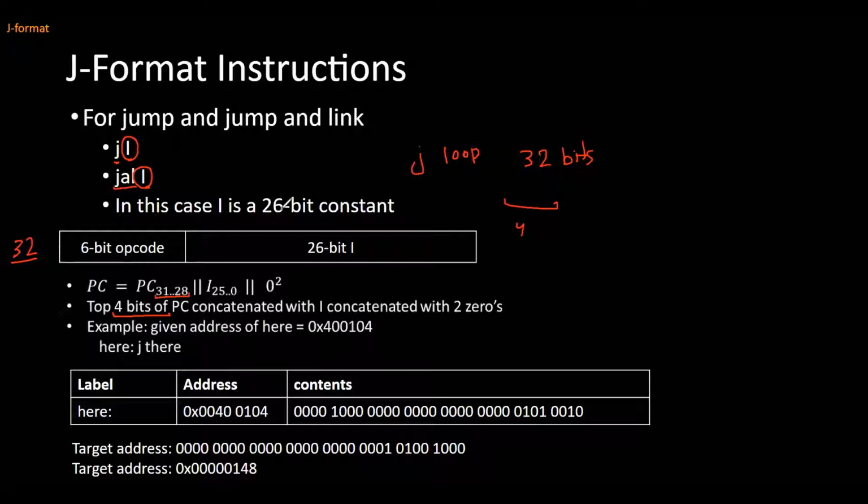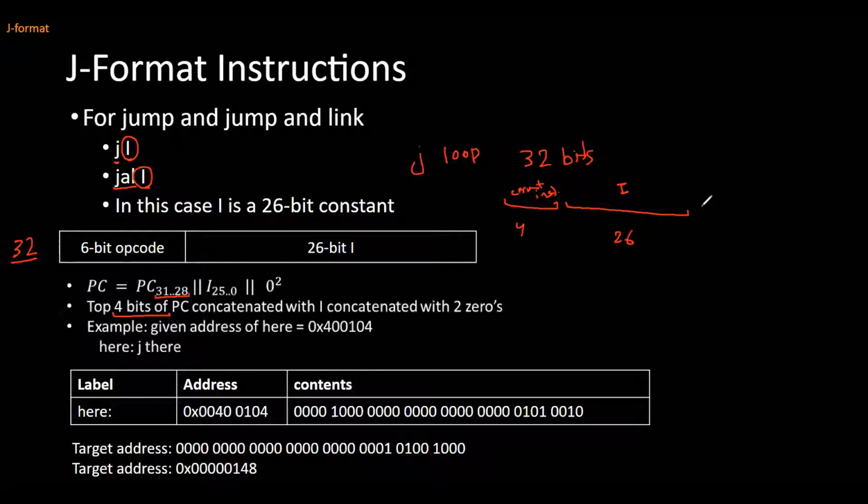And then you have 26 bits from the current instruction, the address of the current instruction. So this one is the I, that's the value that you have here. That's 26 bits.